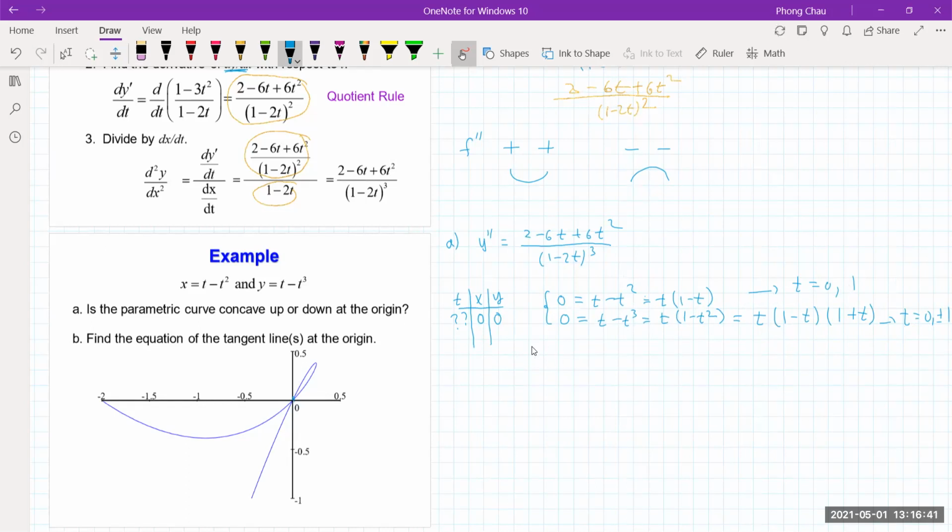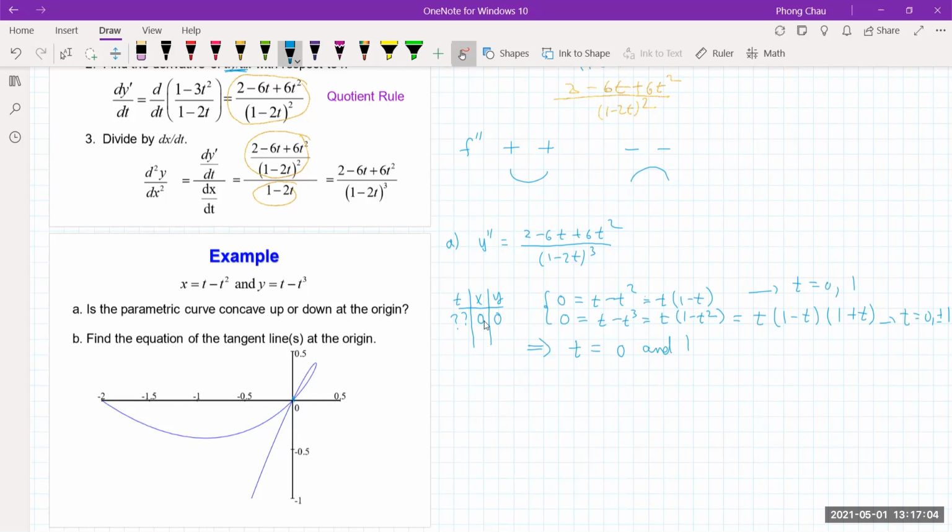So we have three solutions for the second equation and two solutions from the first. Which one do we pick? Remember, we want both x and y to be 0. That means I need to choose the t that satisfies both equations, the common solutions: 0 and 1.